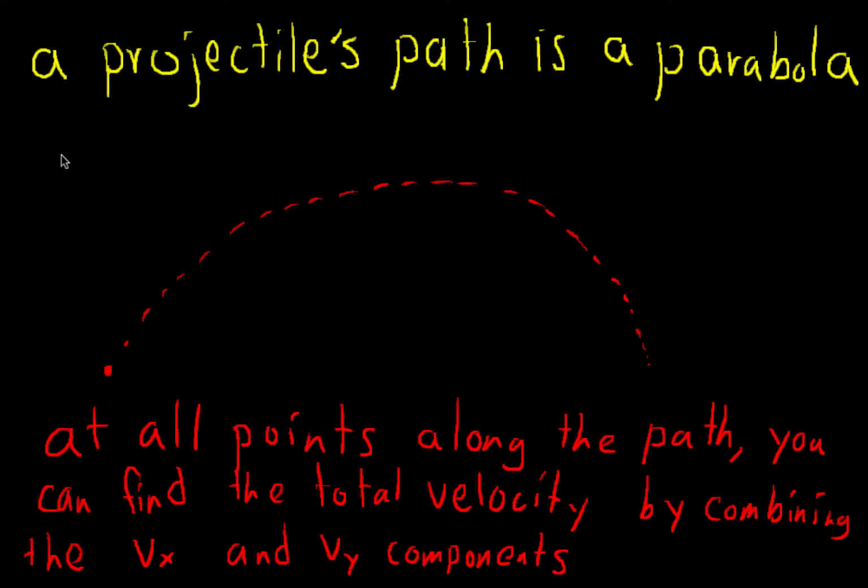This is the triangle created by combining the x and y components into a total velocity vector. Every moment has the same Vx because Vx is constant, but Vy is different because Vy is affected by the acceleration due to gravity. Vy decreases as it goes up and increases as it goes back down.